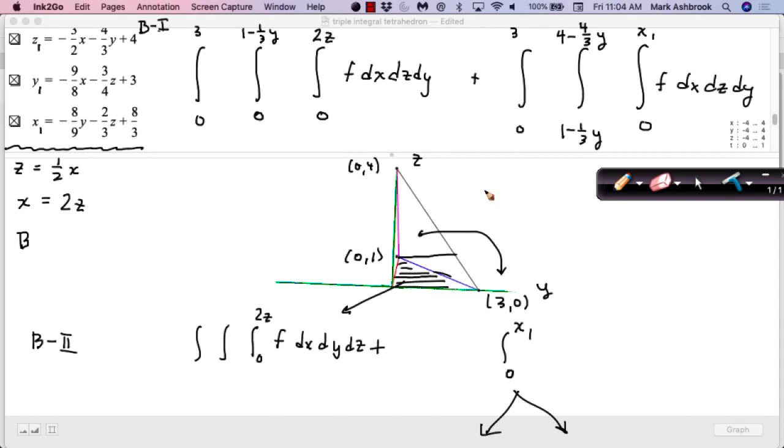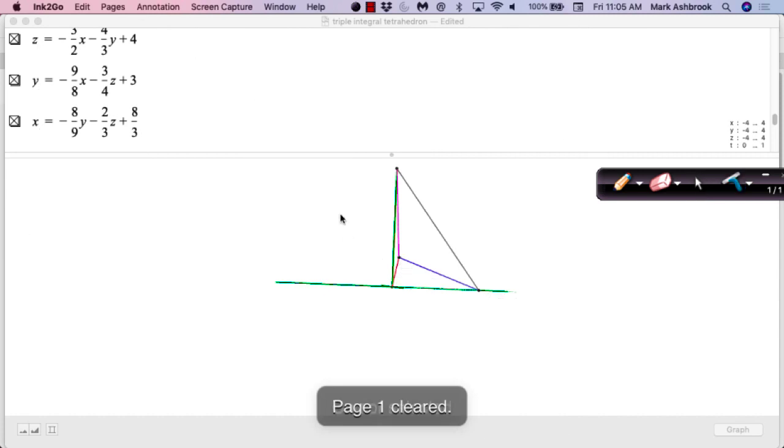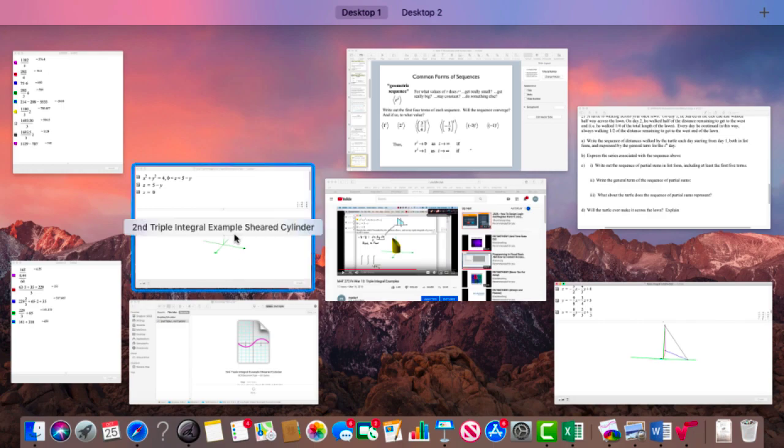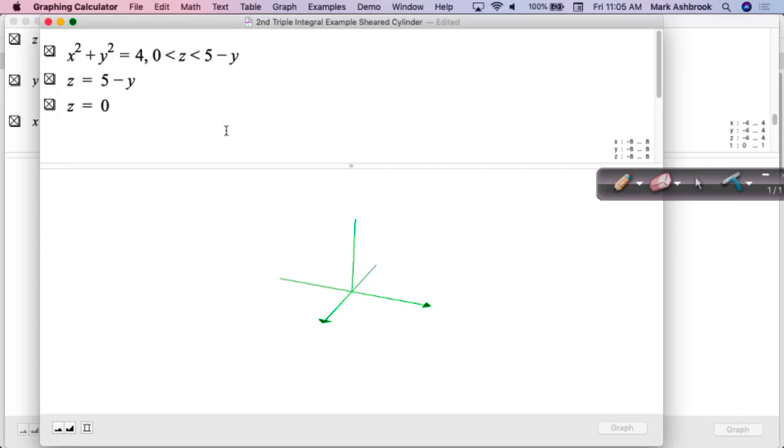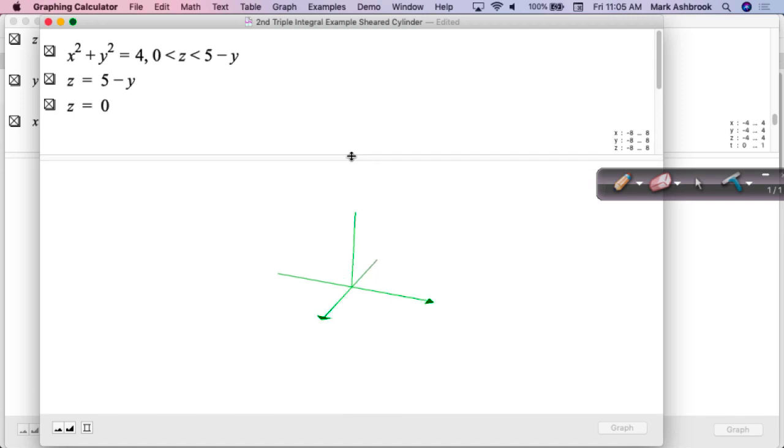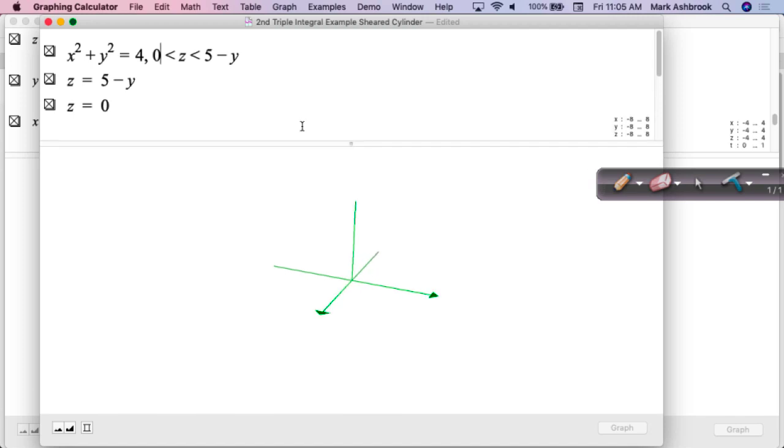Okay, any questions? All right, let's look at another example. So now I want to talk about my solid: x squared plus y squared equals 4, z equals 5 minus y, and z equals 0. I want you to sketch that.